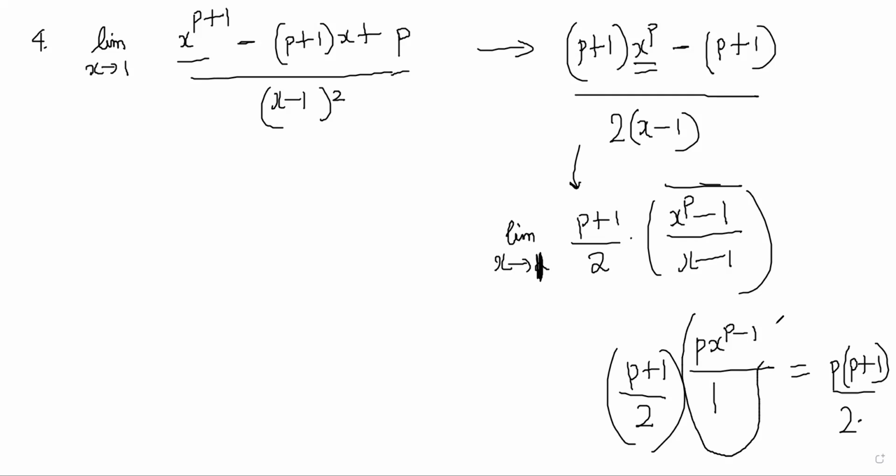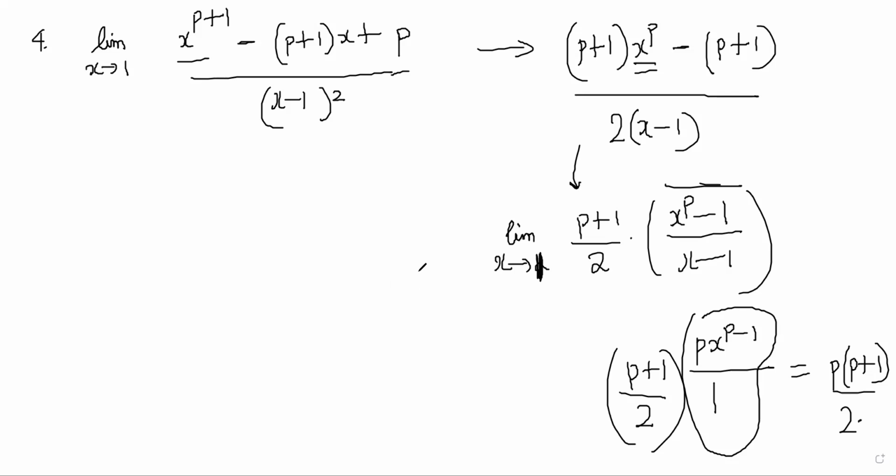Because this limit becomes 1, becomes p now, right? So basically after 2 times doing L'Hopital, you are getting rid of the 0 by 0 form. So what happens at the end, after we got rid of the 0 by 0 form, that is the limiting value.